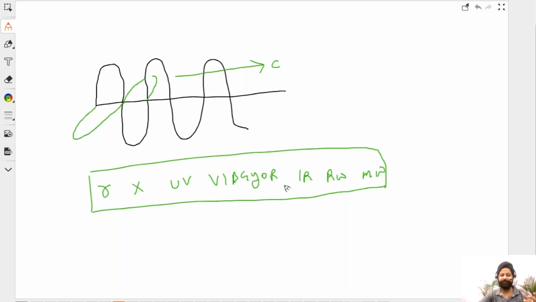Even though we are limited to seeing only VIBGYOR, everything we study in wave nature, photon nature or ray nature applies to all the members of this family. So even though we are going to do Young's double slit experiment using one of the wavelengths here, you can do the same thing with any of the radiations here. The setup will be a little different. When we calculate the size of the slit and all that, everything will change depending on what light portion you're talking about.